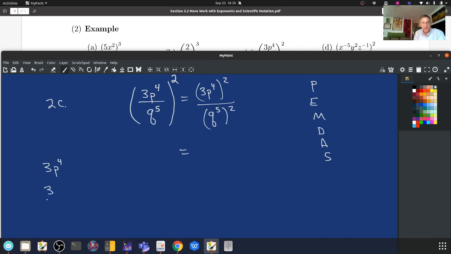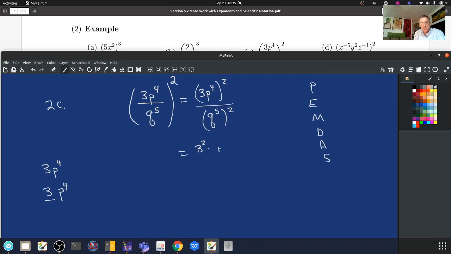The first factor is 3, and the second factor is p to the 4th. So this is 3 squared times p to the 4th squared, over, and I can immediately use the power rule for the denominator. That's q to the 5 times 2.